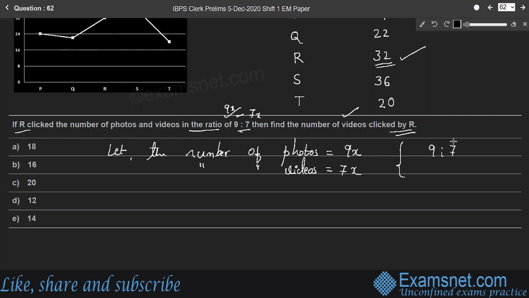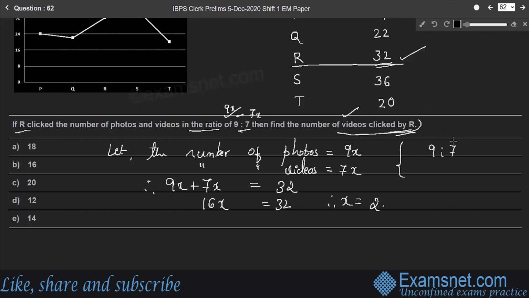So what is the total number of photos and videos clicked by R? It is 32. Therefore, 9x plus 7x is equal to 32, right? So 16x is equal to 32. Therefore, x is 2.